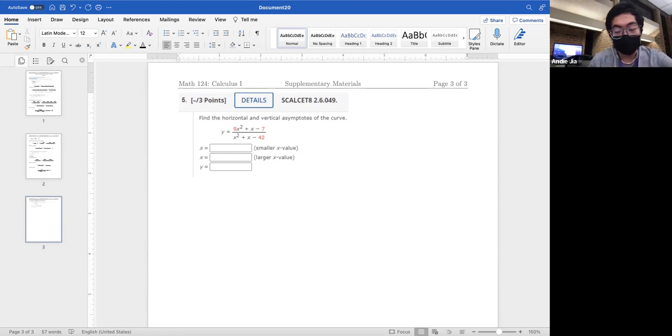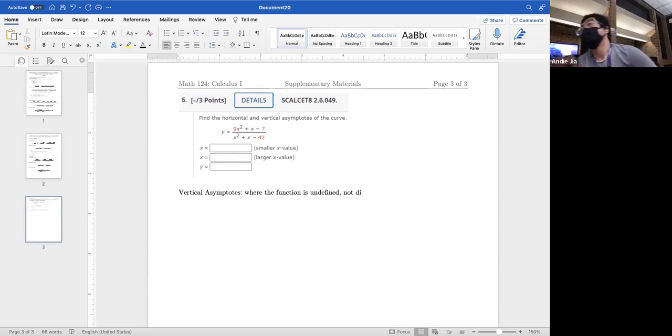So vertical asymptote: where the function is undefined, not differentiable, but this is case by case.